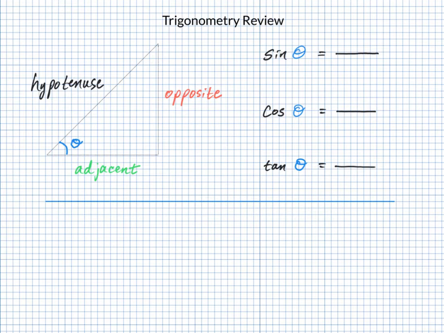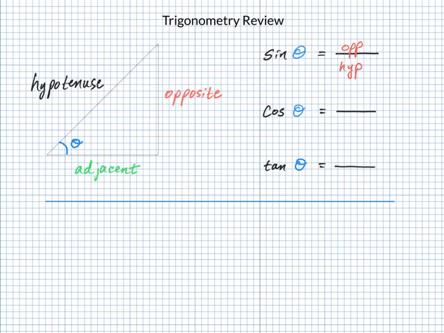An easy way to remember these trig functions is SOH CAH TOA. If we were trying to find the sine of a particular angle theta, we would be going SOH, so sine theta is equal to opposite over hypotenuse.